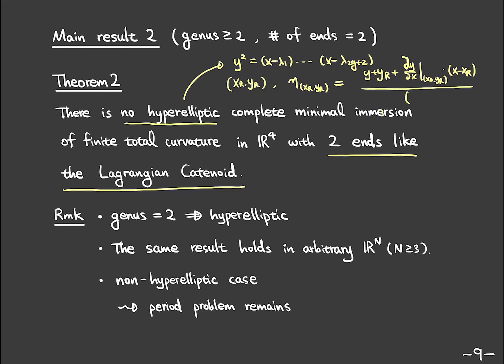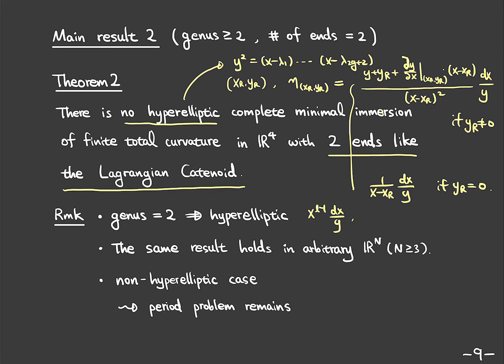over r square x over y if yr is non-zero, and if yr is 0, then it can be given by this. And here holomorphic one forms are given by this from 1 to g.